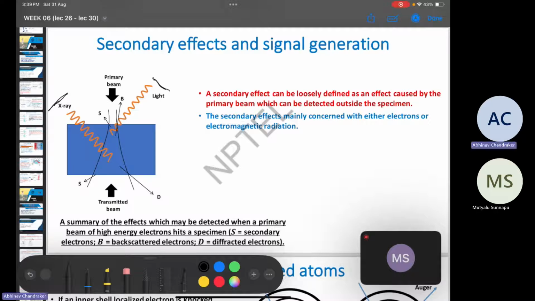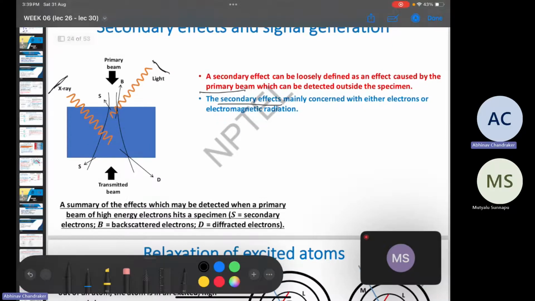These detectors capture it and try to interpret the information, and the signal that comes out is called a secondary effect because it is caused by the primary beam and its interaction with the specimen.